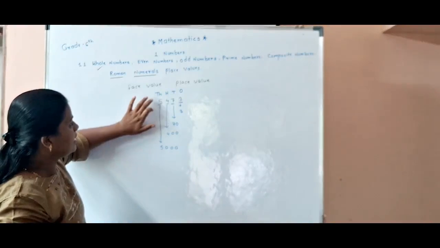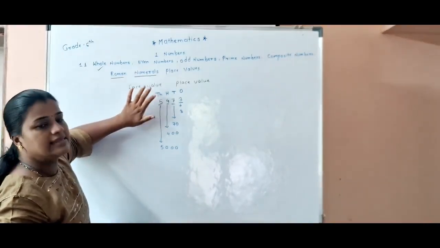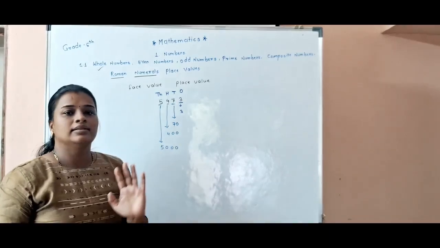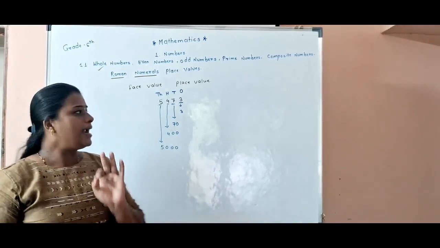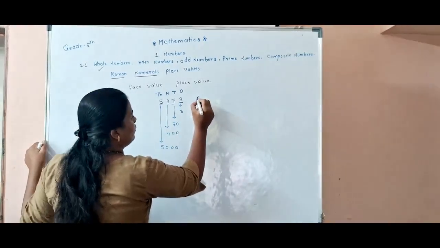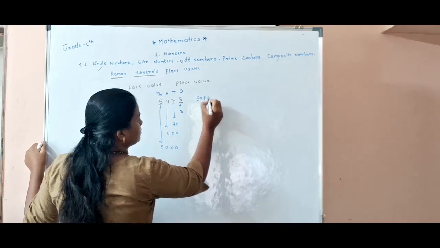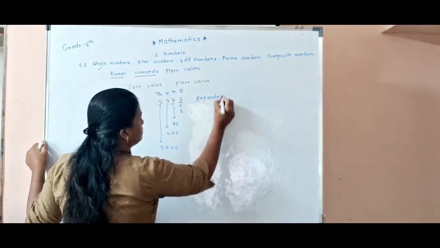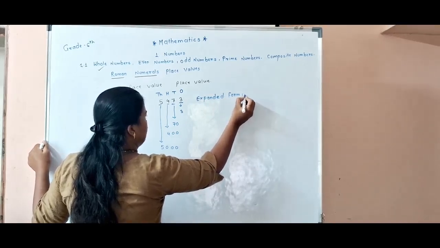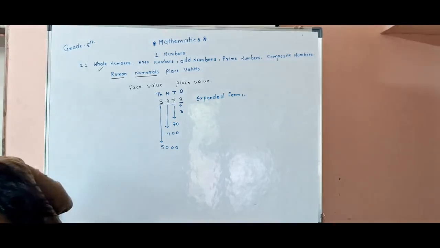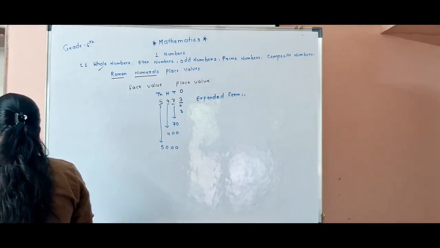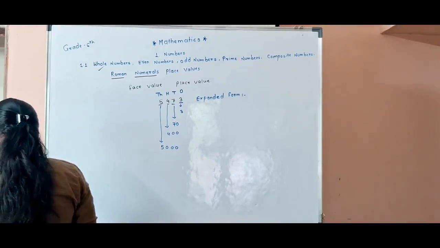Because here 5 is on the thousands place and we know that for the 1000 place we add 3 zeros. Okay, and the last topic of place value is the expanded form. You can do it with other examples also. If you want to try, you can try with another example by yourself. Now let us see the expanded form.